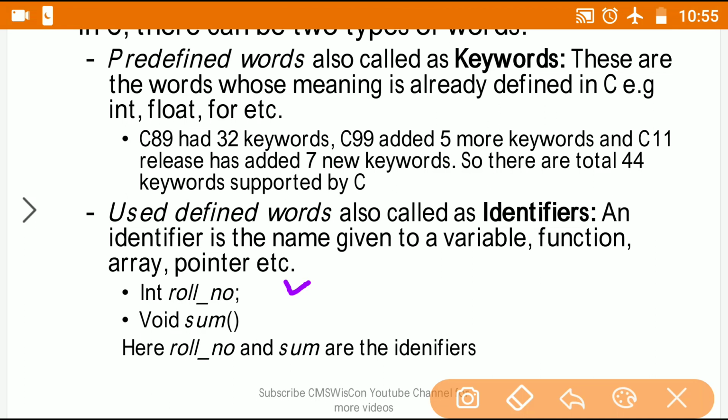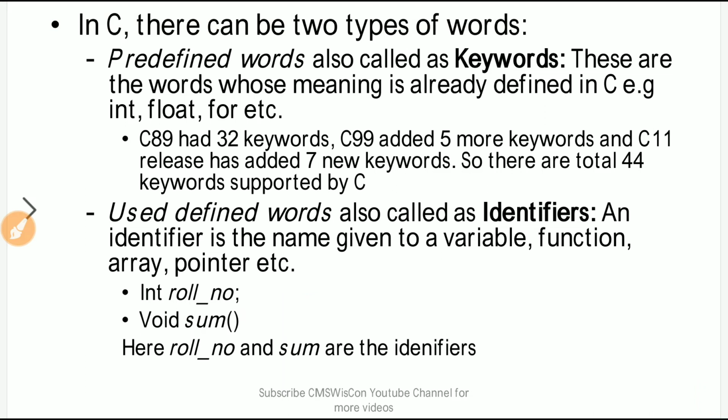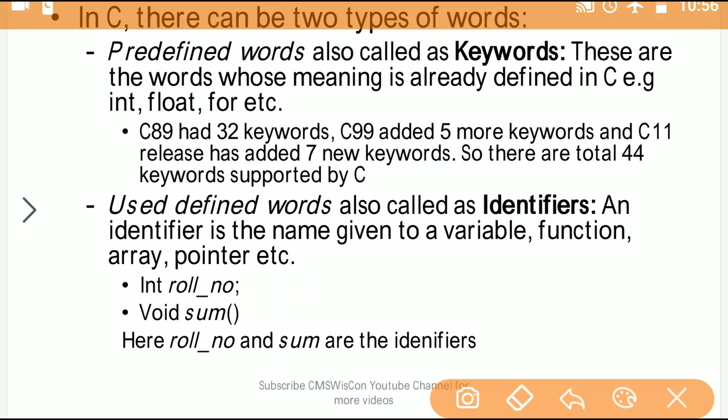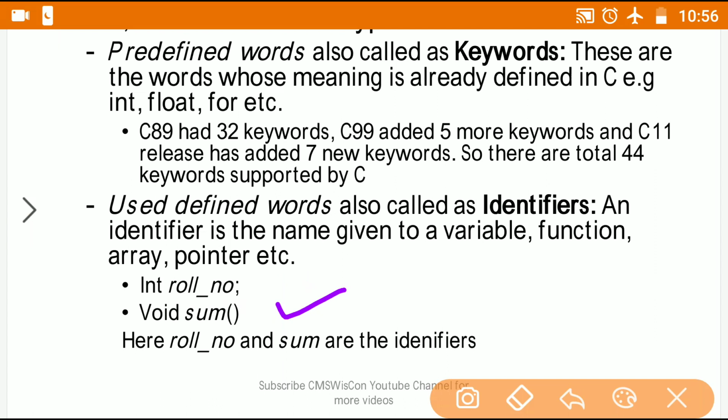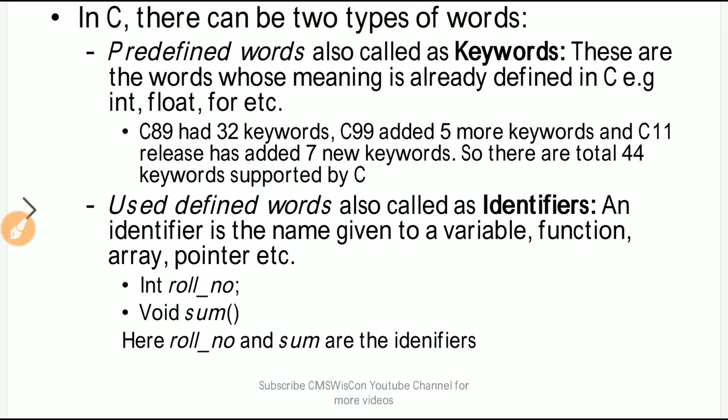Roll underscore number is an identifier, and it is just the name given to an integer type variable. And here you can see that sum is also an identifier, and it is just the name of a function.